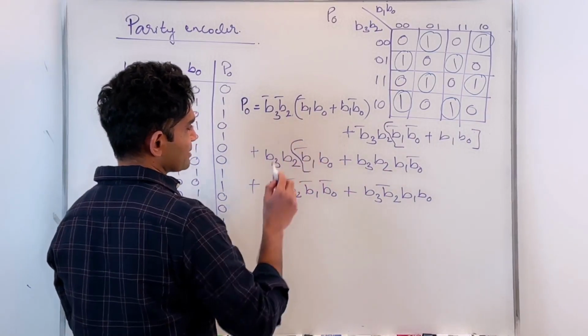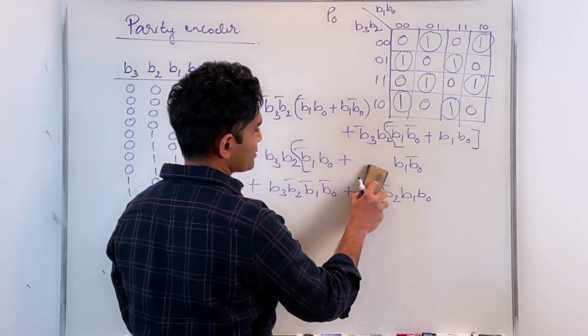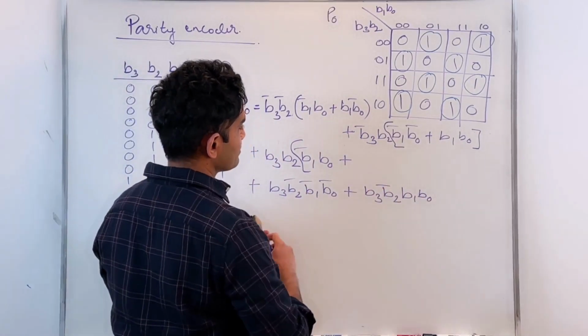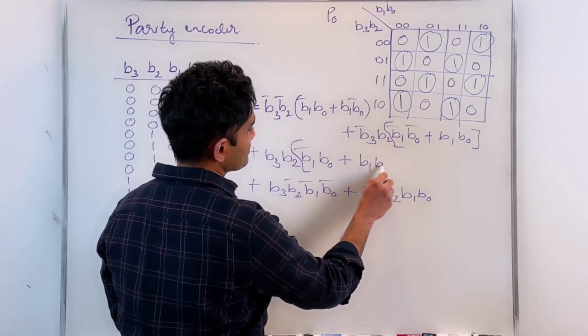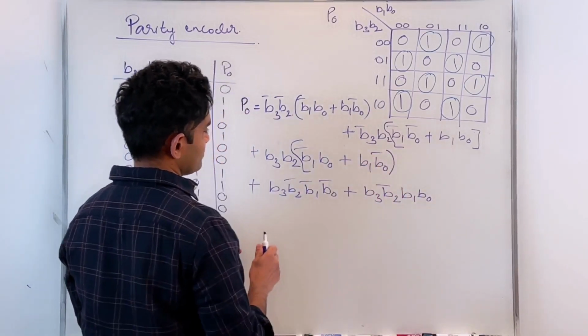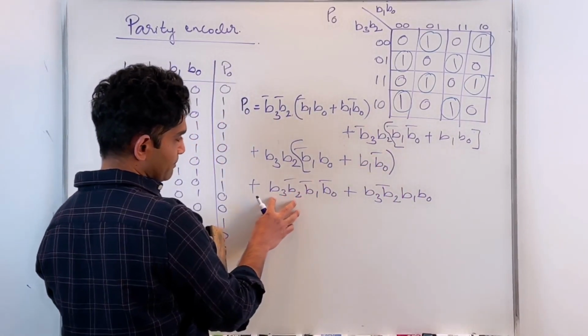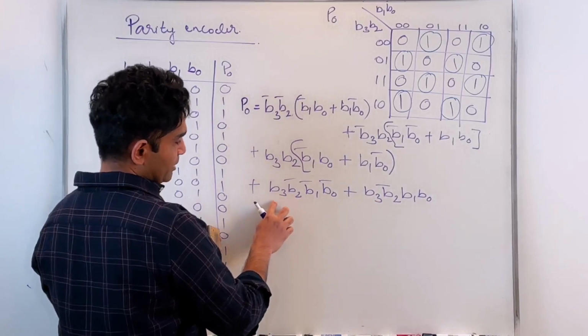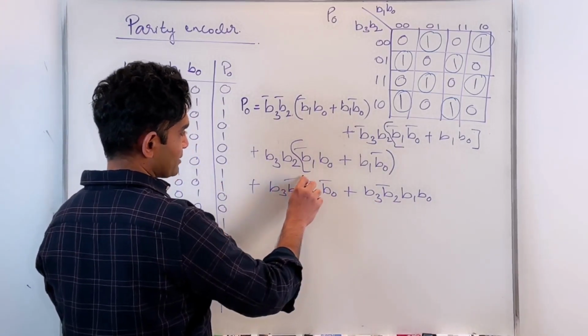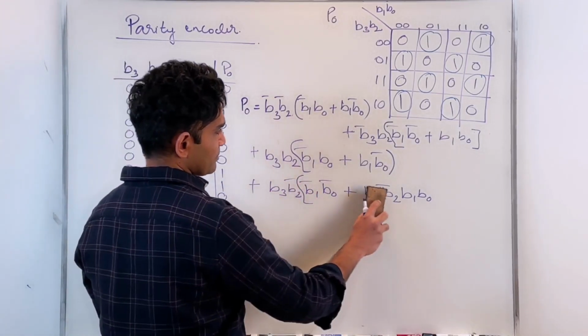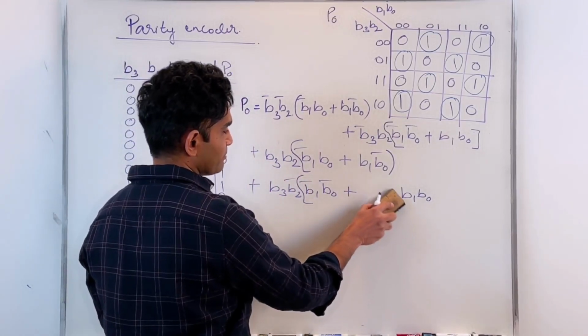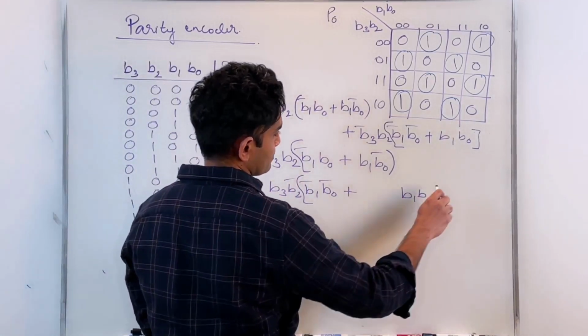I can take that out of the expression and write this as B1, B0 prime. Same thing here. I'll take B3, B2, B3, B2 prime as a common factor, in which case I'm left behind with B1, B0.